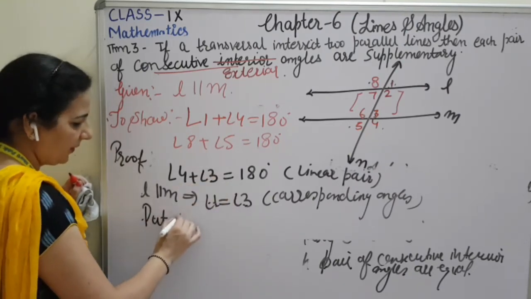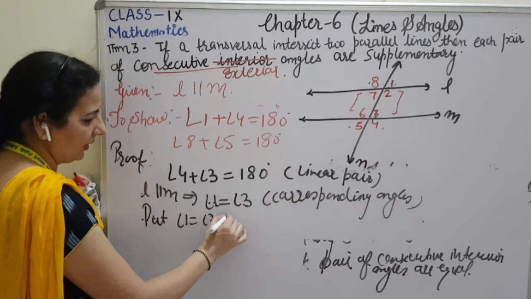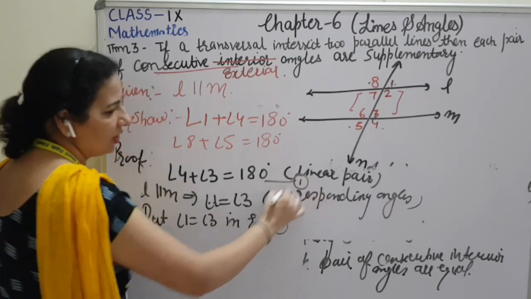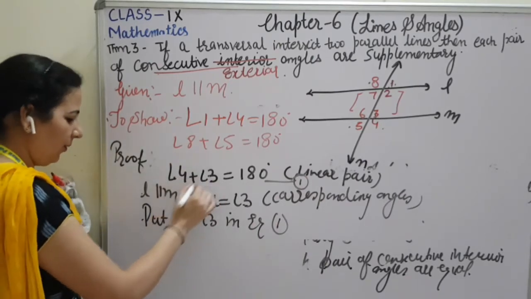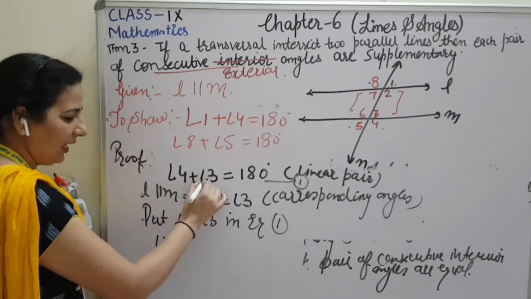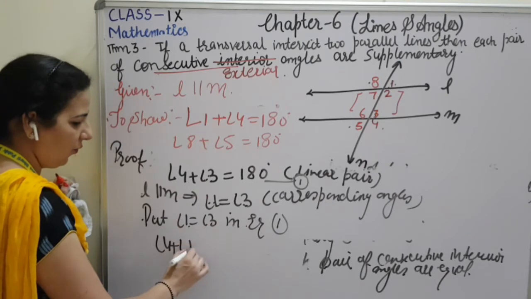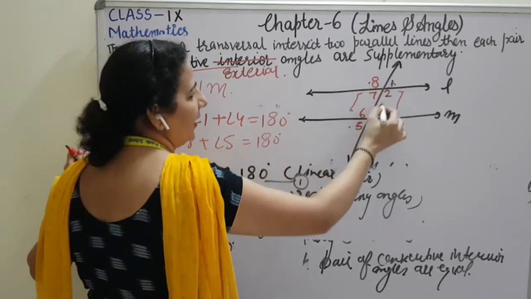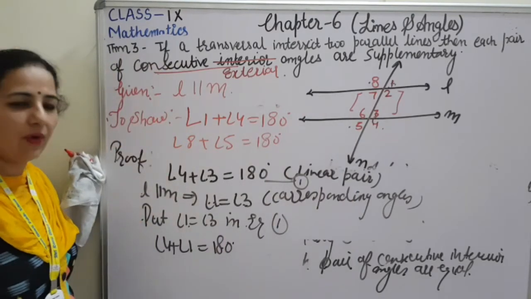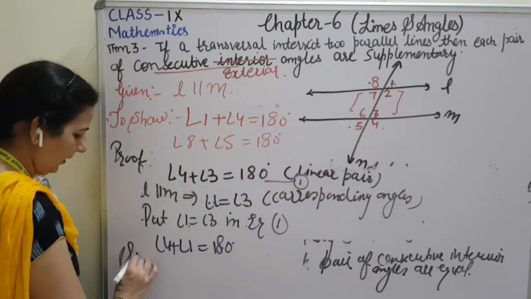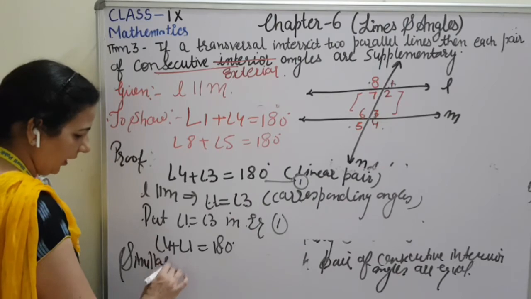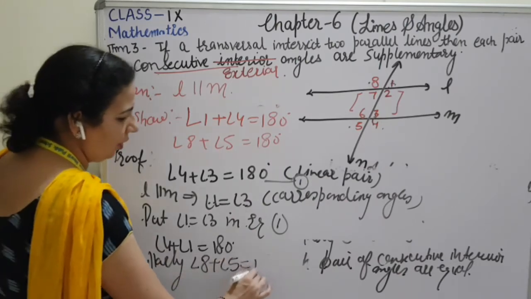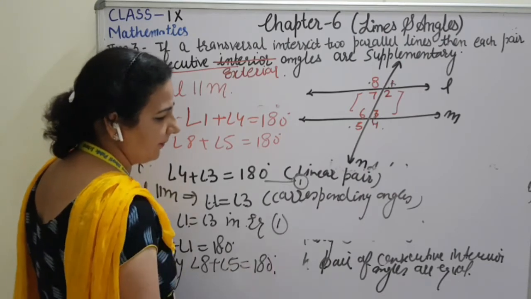Now put angle 1 equal to angle 3 in equation number 1. Angle 4 stays, and in place of angle 3 we write angle 1, equal to 180 degrees. So we have shown that angle 1 plus angle 4 is equal to 180 degrees. Similarly, we can show that angle 8 plus angle 5 is also 180 degrees.